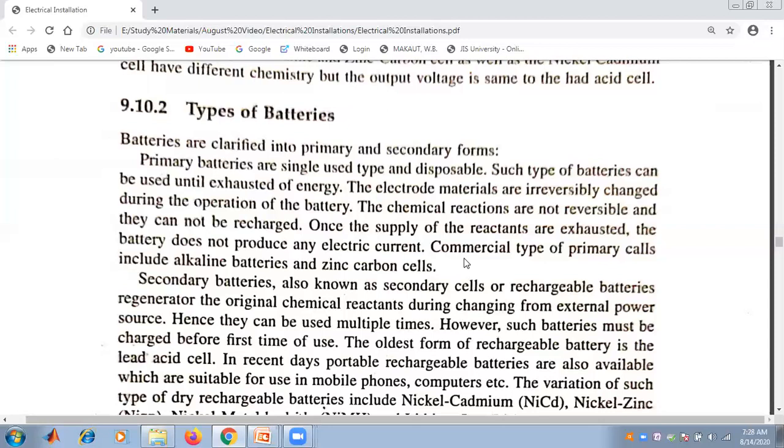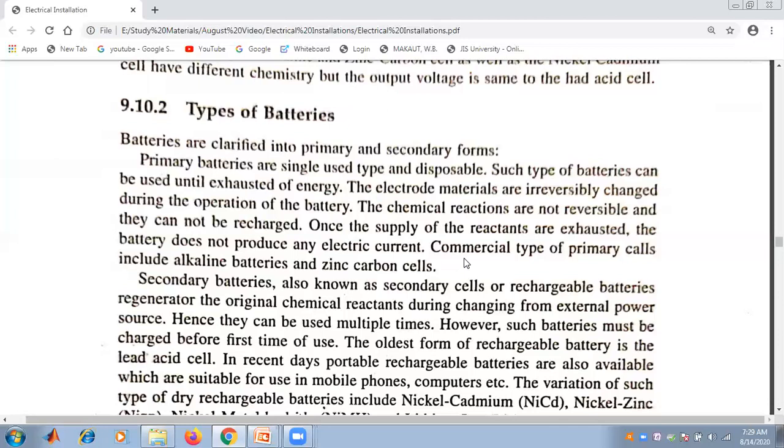What we have discussed is clear: the primary batteries are single use type and disposable batteries, because the chemical reactions that we have seen in the operating principle of the battery are not reversible and they cannot be recharged.